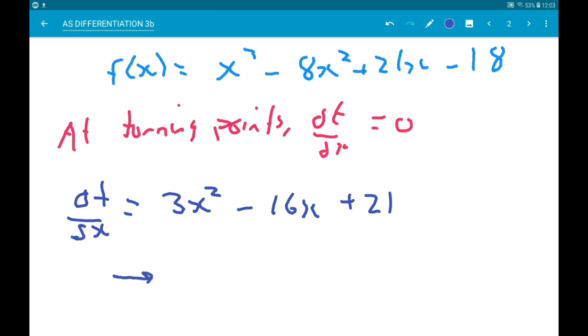Now I'm gonna factorize it too. So to get the 3x squared, we're going to need a 3x and an x. Now the number at the end is positive, but the number in the middle is negative. Both signs then are going to be negative.